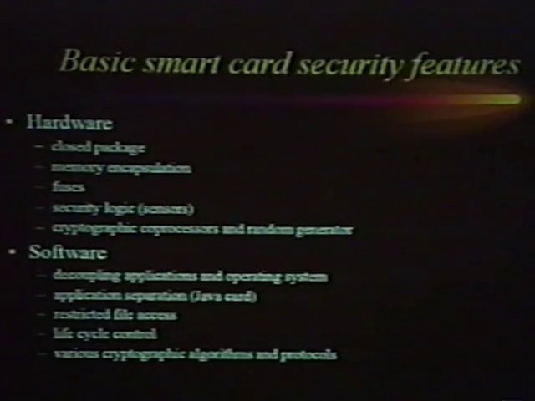There are fuses for the test logic. I already told you that. As soon as we don't need the test logic anymore, we disconnect it, and they can use fuses for that. They blow a fuse, and the test logic is no longer available. And of course, we have cryptographic facilities, coprocessors and random generators. They're quite often on board, so these are real hardware random generators.